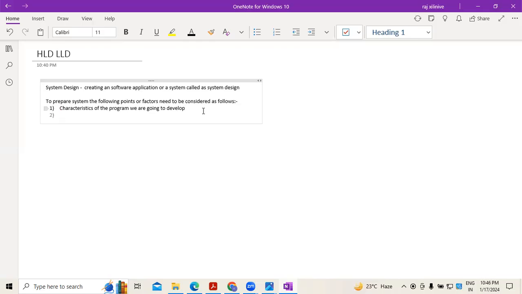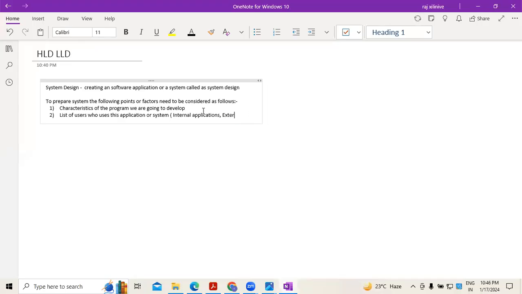Point number two, we must know the list of users who use this application or system. Again, these users differ on two things: some are internal applications and some are external applications.